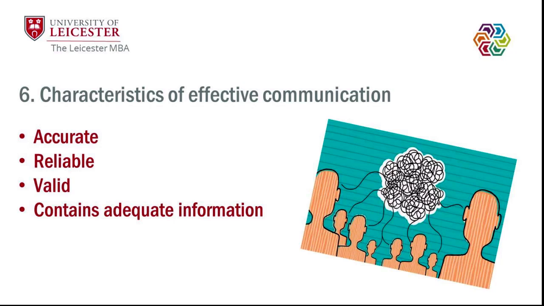Thirdly, it's valid. This means that the message allows us to recognise and understand events based on the knowledge that it conveys. And fourthly, the message contains adequate information and is timed appropriately.